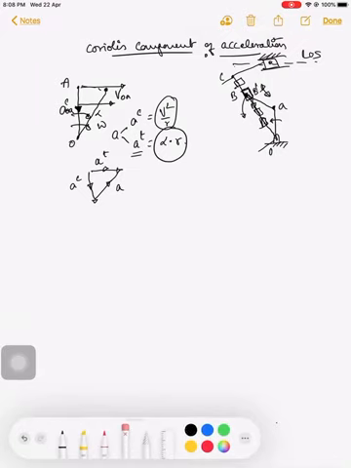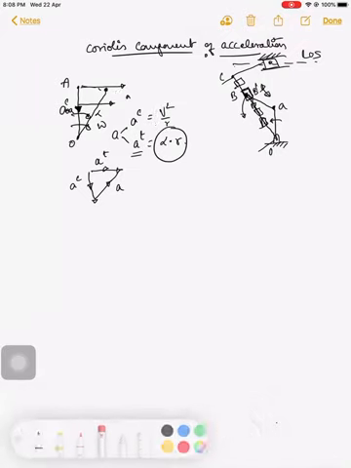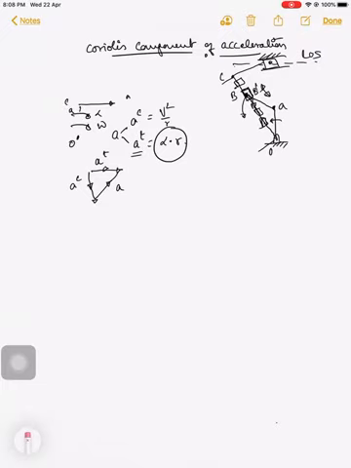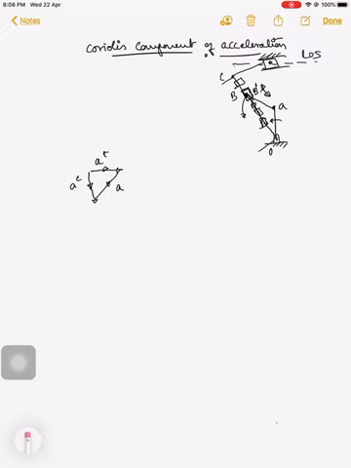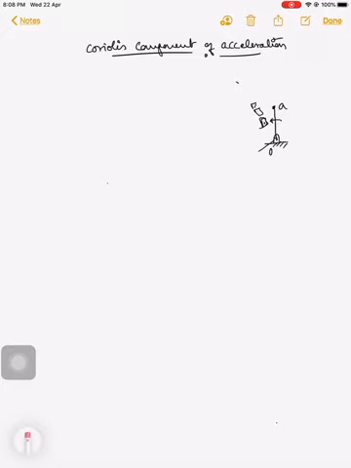Now what is the Coriolis component of acceleration? As I have told you, a condition arises when we have a link which also has a slider, and the slider rotates when the link rotates, and also it slides up and down.